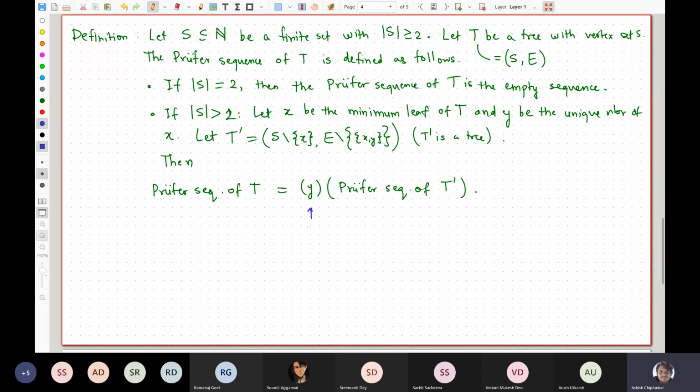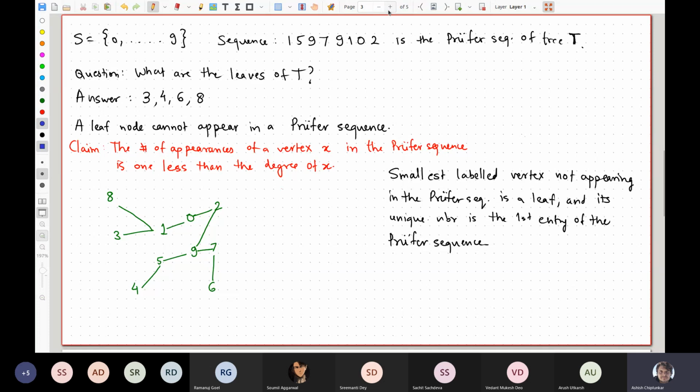This is our Z1 in our proof, and this is the remaining Prufer sequence of T prime. From this sequence, we know there is a unique tree T prime, which has this Prufer sequence. Now we are slightly modifying that tree to get a tree T whose Prufer sequence is this whole thing. That's exactly the way we did it earlier.